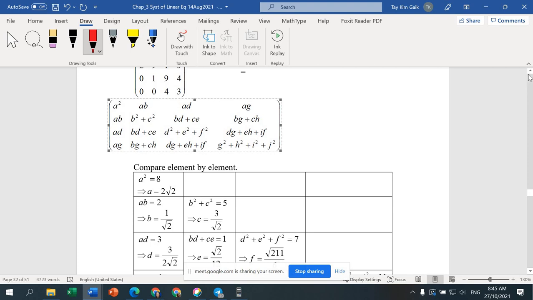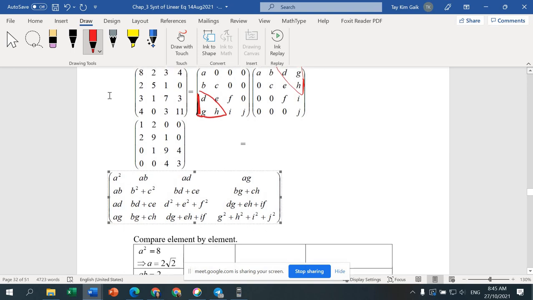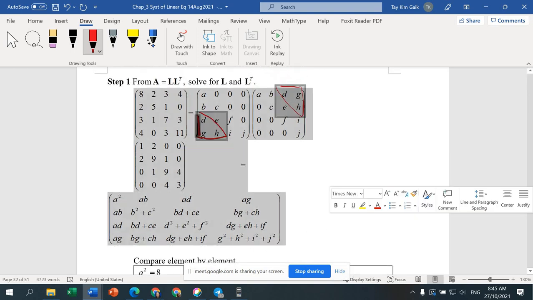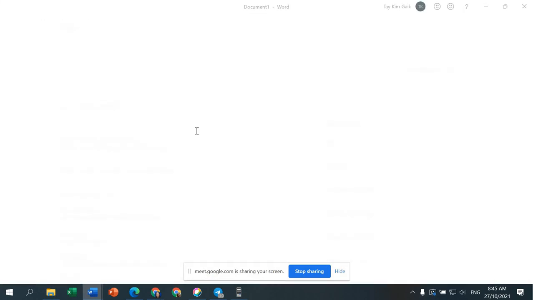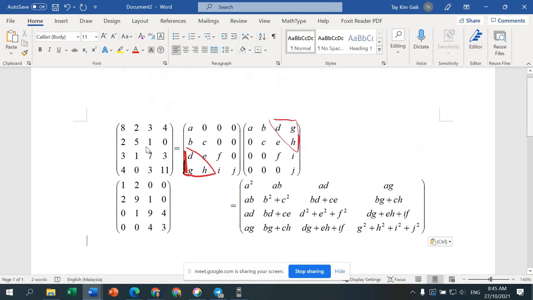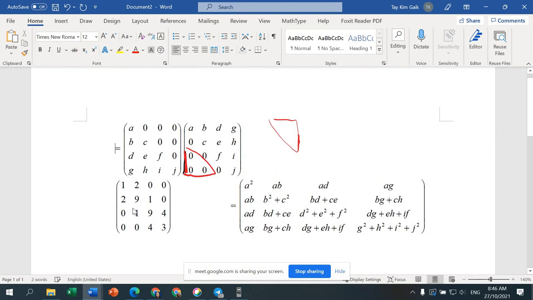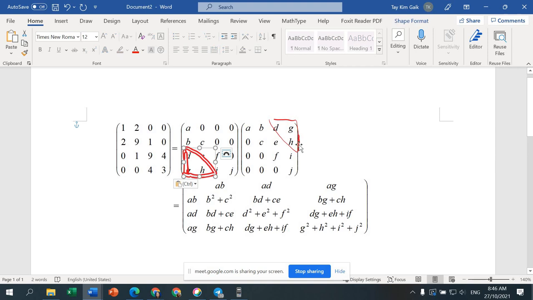A squared only. I saw your answer, your matrix multiplication is wrong. Put this one to here. You see, it's your matrix A, B. Your L is also wrong, Dayang.